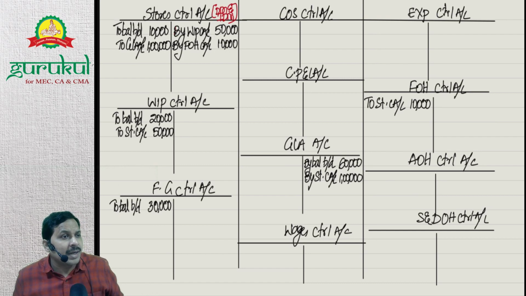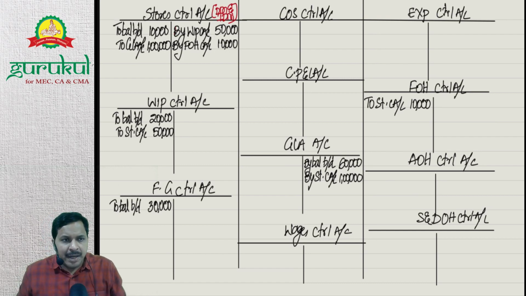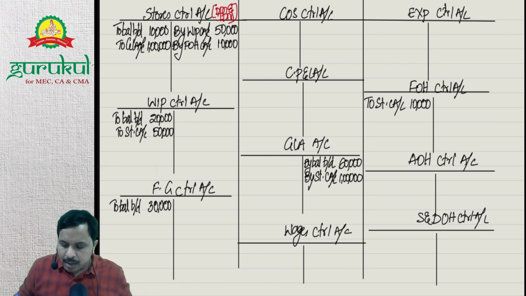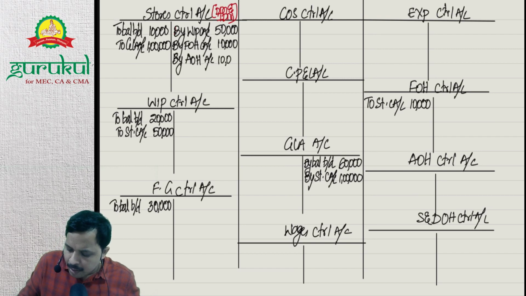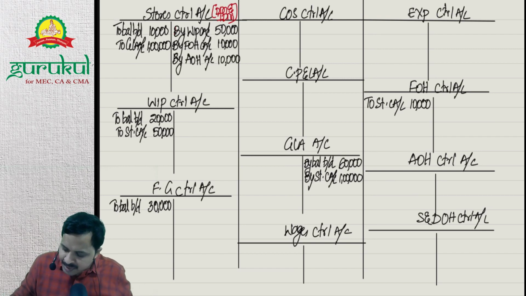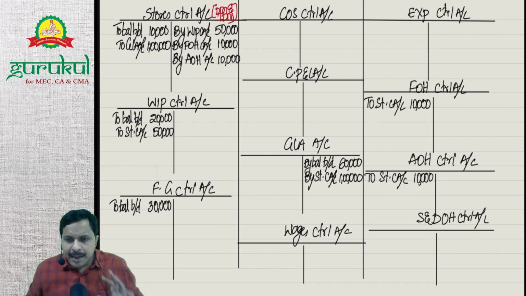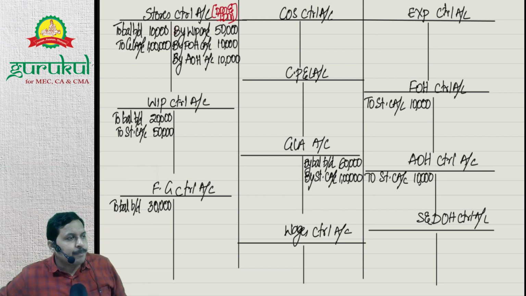So this entry is for indirect material issued to office. So I'm writing in stores control account by administration overhead control account some 10,000. In administration overheads to stores control account 10,000. These amounts are just random numbers that I'm taking.